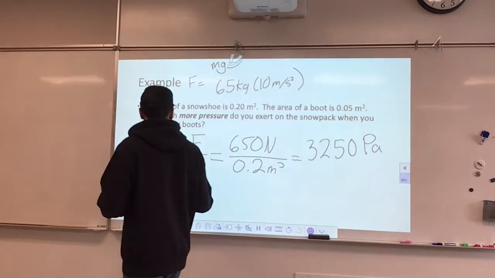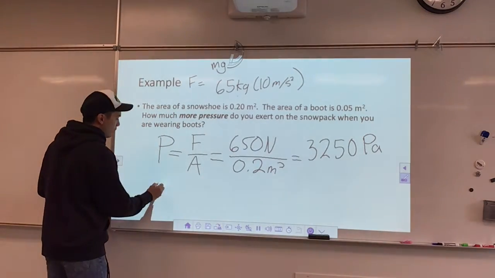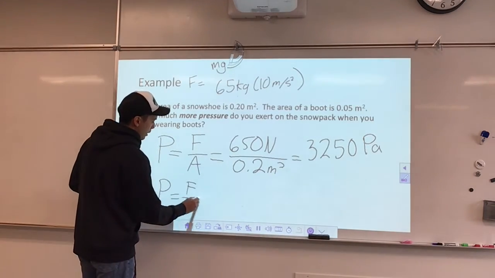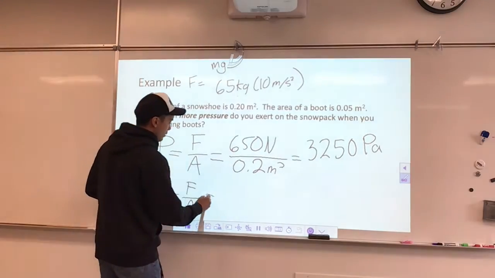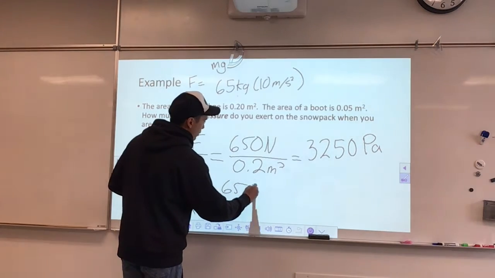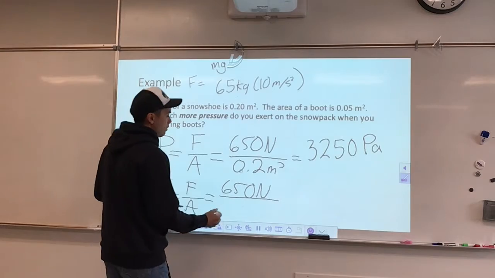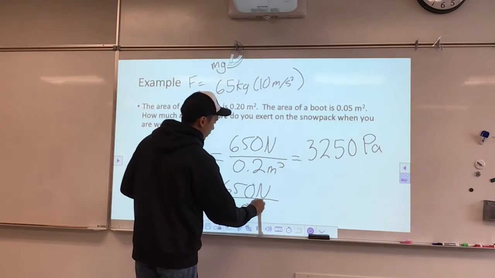So this is wearing snowshoes. If I'm just wearing regular boots, I'm going to use the same formula. I still weigh that much, I'm applying that much force onto the snow, but my boots have a much smaller area.